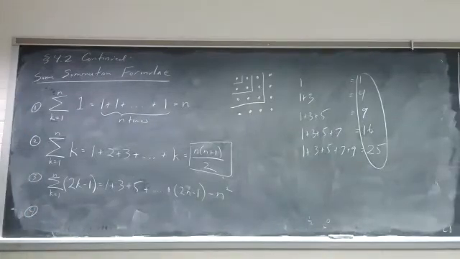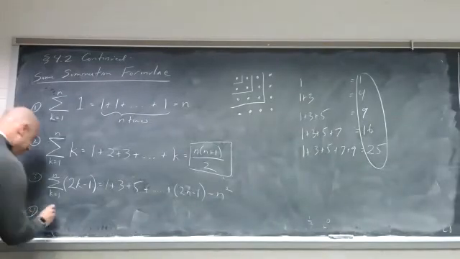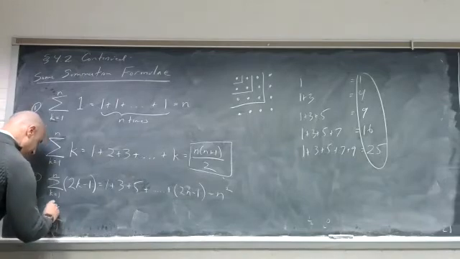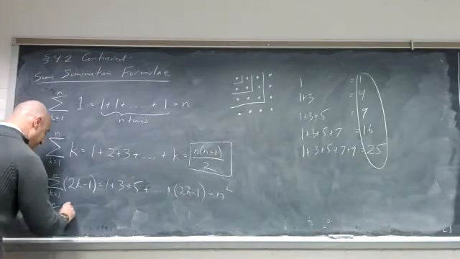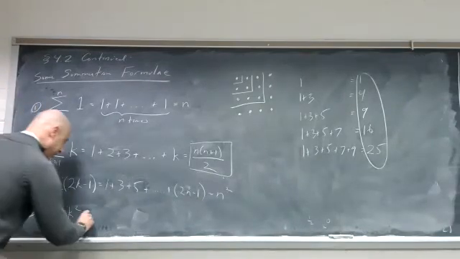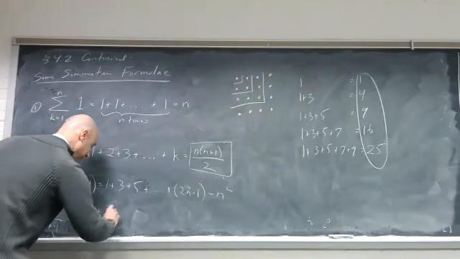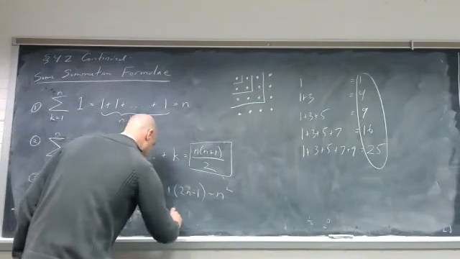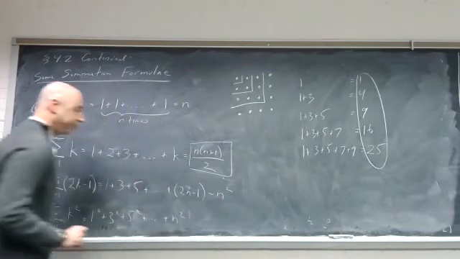Okay, so one more. k goes from 1 to n, so the sum of the first n squares. So 1 squared plus 3 squared plus 5 squared plus, and so on, all the way up to n squared.